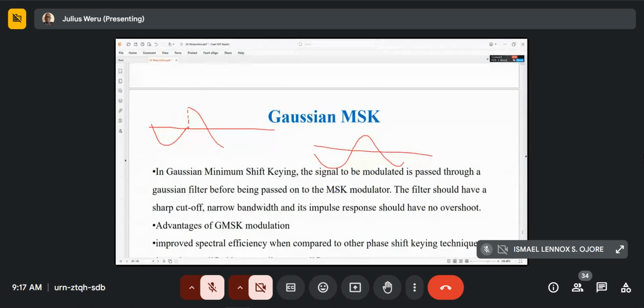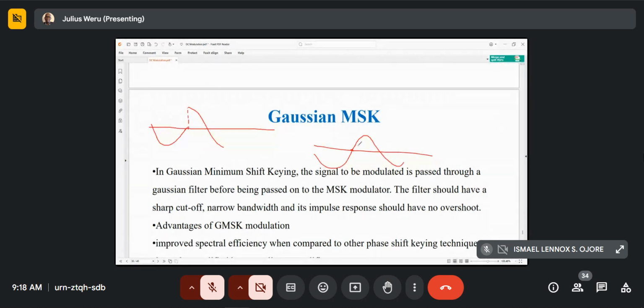It's something similar to what you do with a class B amplifier, where one half comes from one bit and another from another bit, but you don't want there to be a discontinuity.